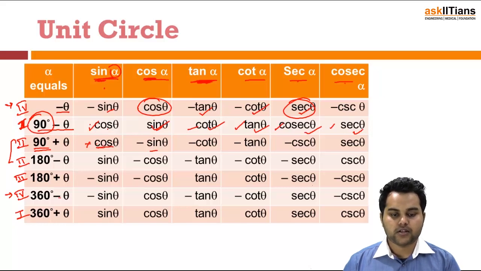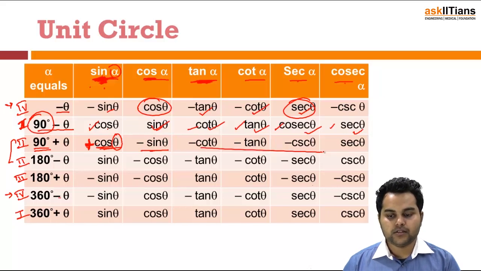There is a change in the trigonometric ratio, and the sign in front is decided by the original ratio, that is sine, which is positive in the second quadrant, hence it remains positive. So sine of 90 plus theta is equal to cos theta. Then cos of 90 plus theta would be minus sine theta. This is a sign change along with a trigonometric ratio change, and so on.